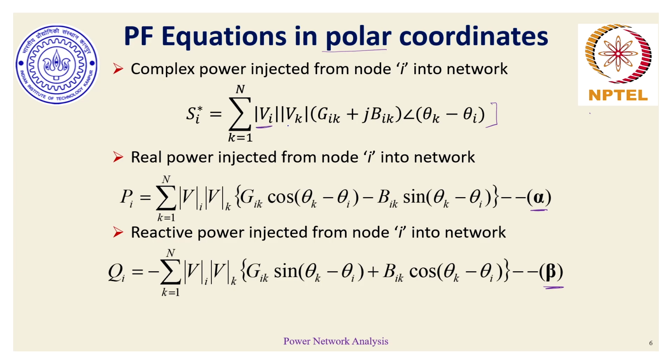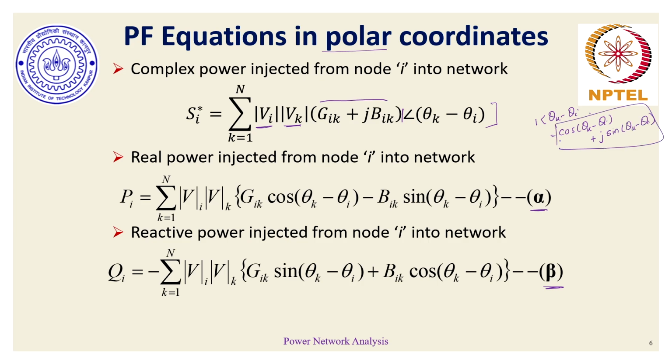So |V_i| and |V_k| are in themselves scalar quantities, not complex numbers. We have two complex numbers here. One is this complex number, the other one is inherently sitting here as 1 at an angle theta_k minus theta_i. So 1 at an angle theta_k minus theta_i, when expanded, becomes cos of (theta_k minus theta_i) plus j sin of (theta_k minus theta_i).